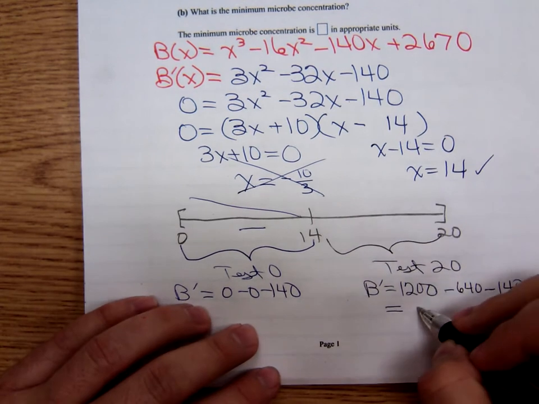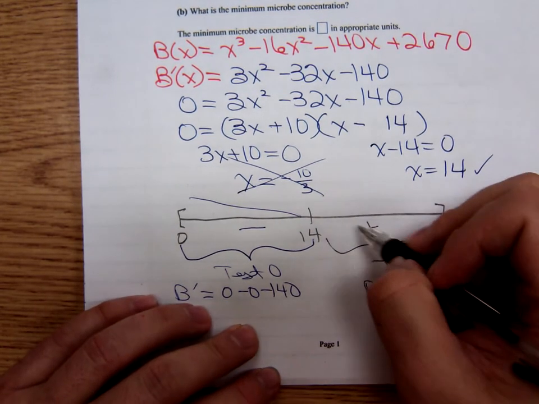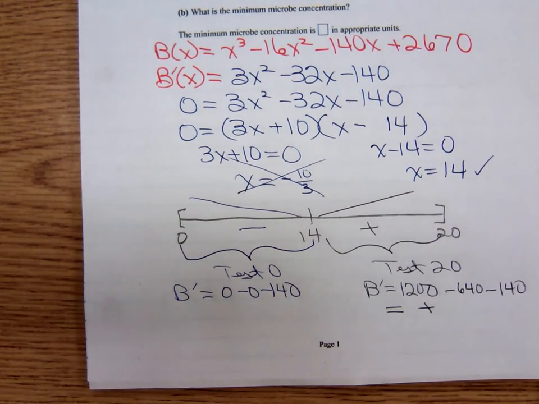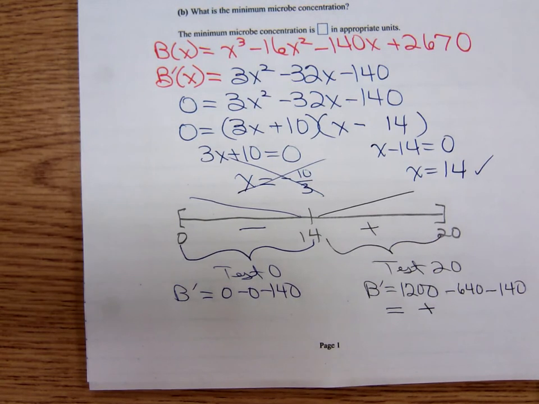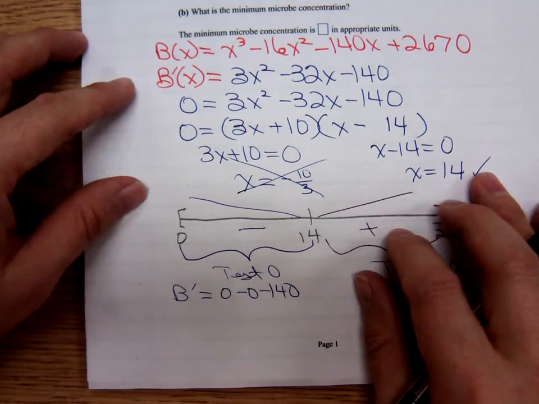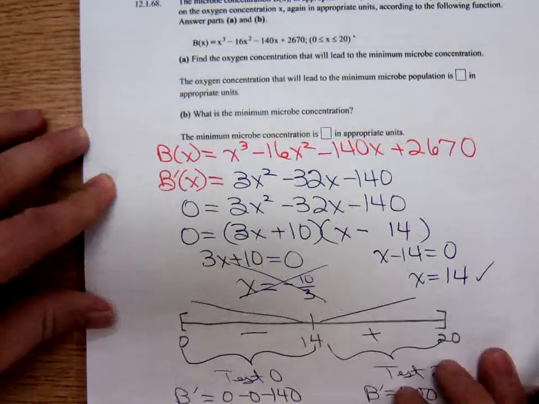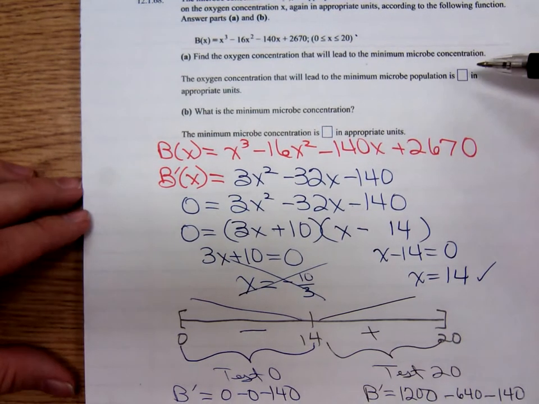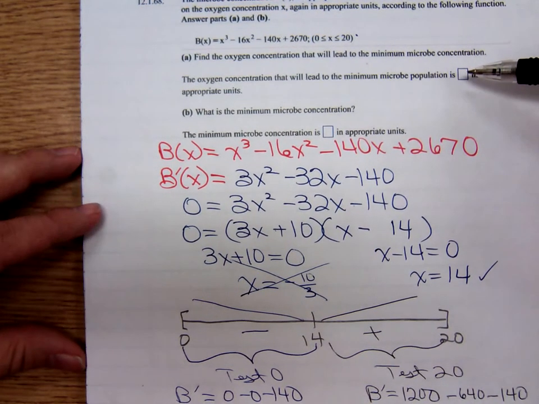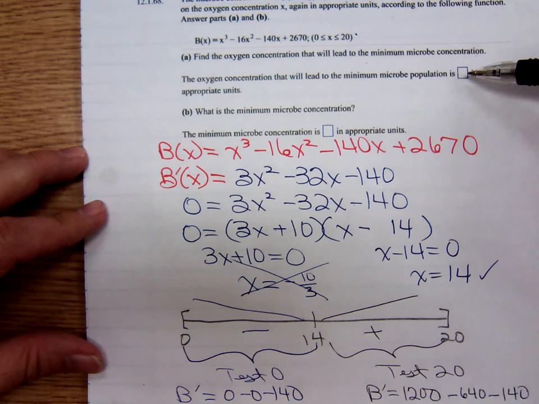Positive, so increasing. So it looks like the minimum microbe concentration occurs when the oxygen concentration is 14. Okay, so we do have a local minimum at 14. The oxygen concentration that will lead to the minimum microbe population is 14.